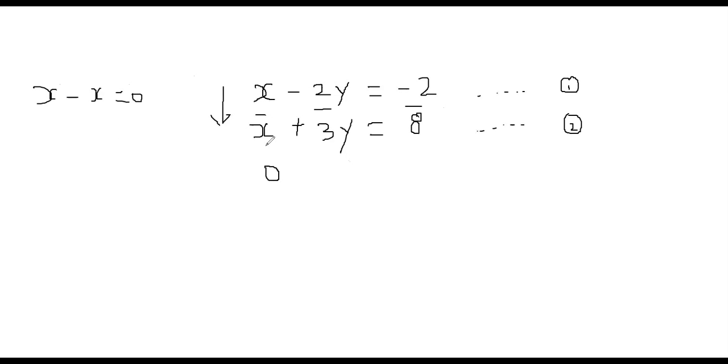Right? Then this section here is negative 2y subtract 3y. So we say negative 2y subtract 3y. So negative 2y subtract 3y will give us what?